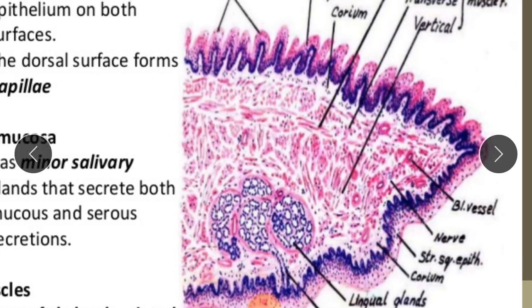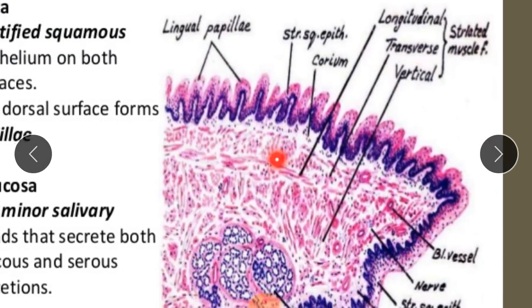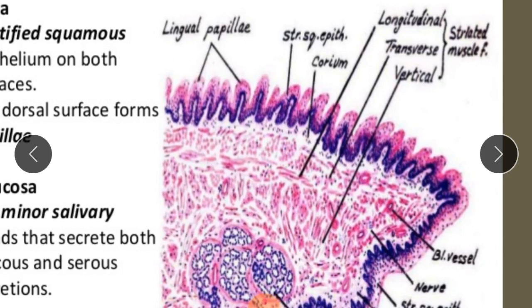The dorsal surface of the tongue has the mucosa membrane, submucosa, and this is the lamina propria, connective tissue. The lamina propria extends into the papillae as a core part.